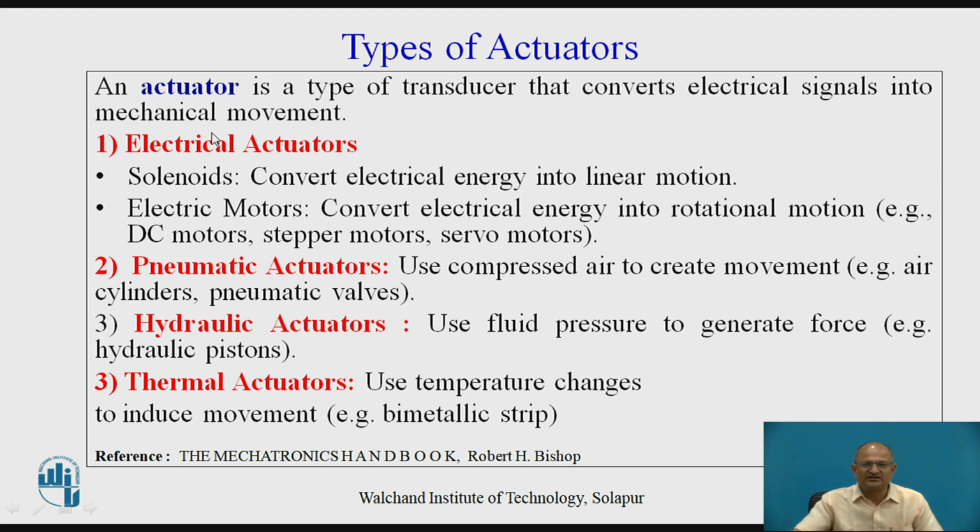In the case of electrical actuators, we consider solenoids, DC motors, and electric motors, because when an electrical supply is given to solenoids, they convert that electrical energy into linear motion. If we provide an electrical supply to motors, then the electrical energy gets converted into rotational motion.